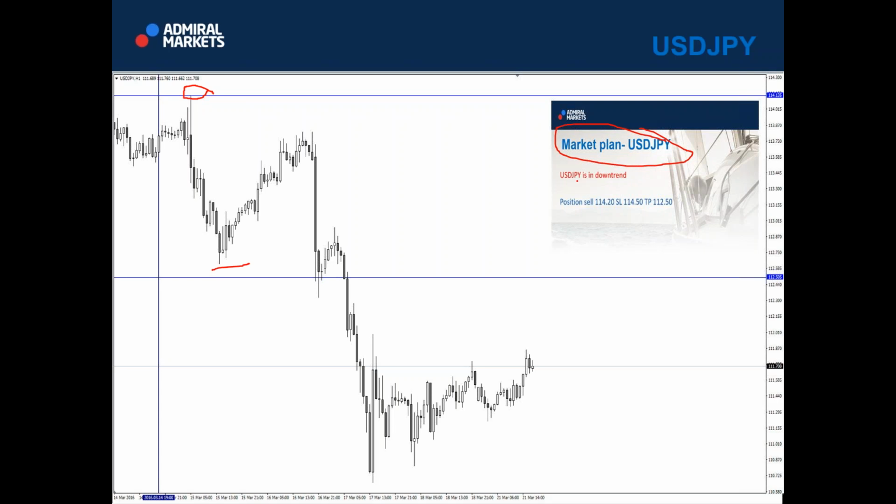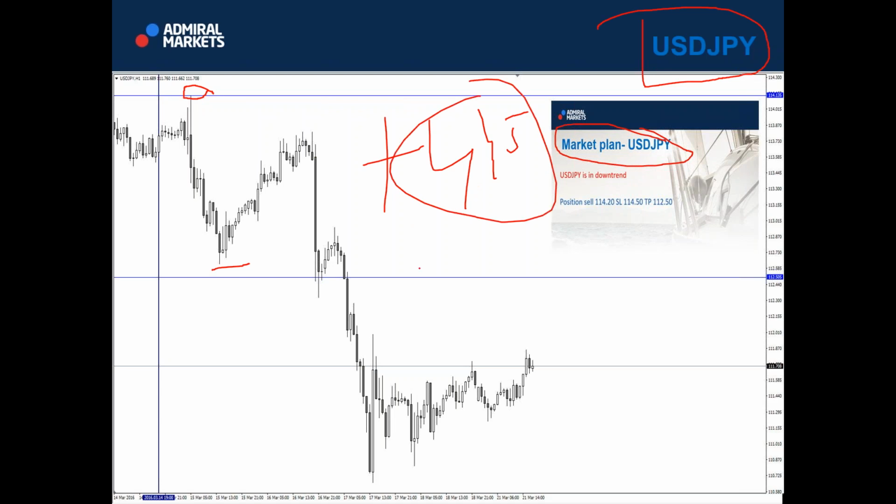So this could be the trade of the week if I need to opt for one. So this was another excellent trade. Total of 145 pips if I counted correctly, or even more. But even if you manage to grab 100 or whatever, it's good.